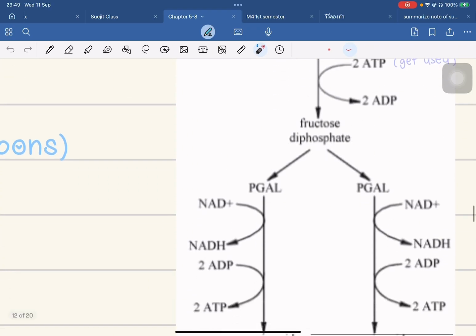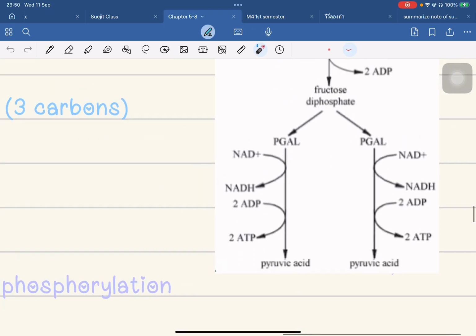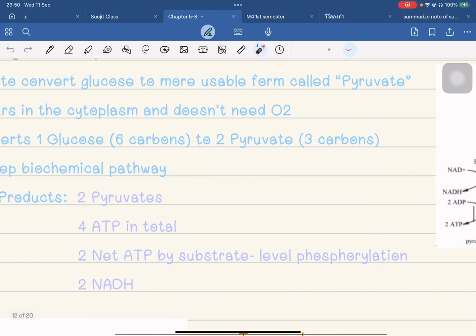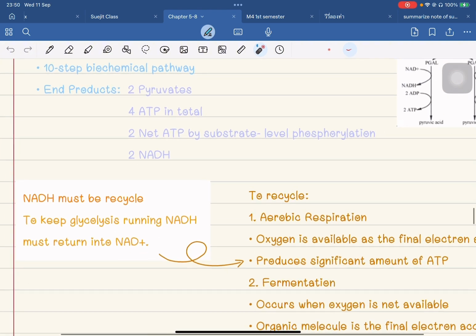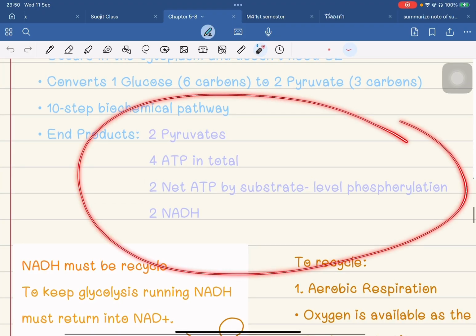After subtracting, we have 2 ATP in total. Okay, so these are the end products that we have.